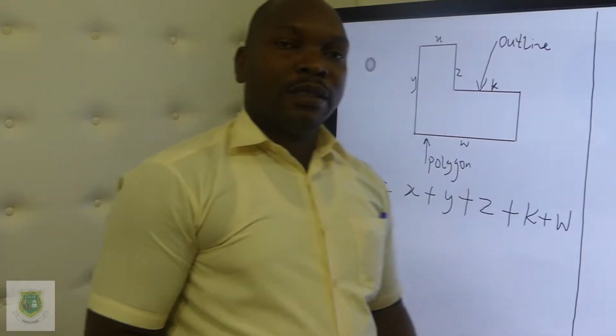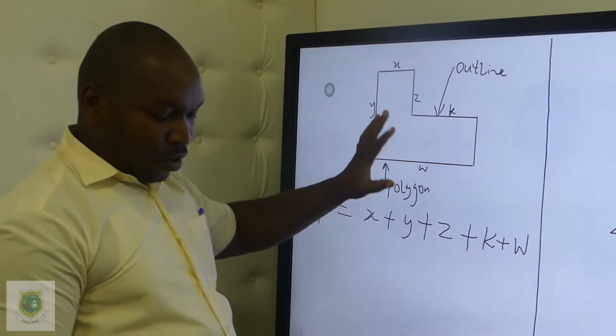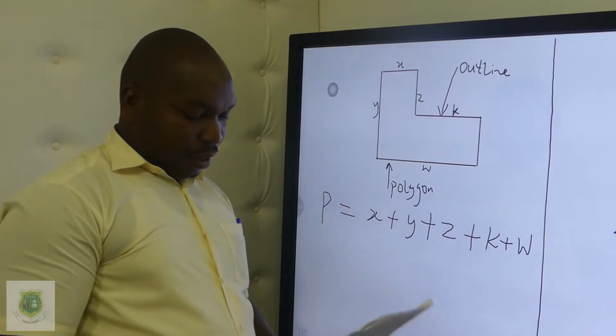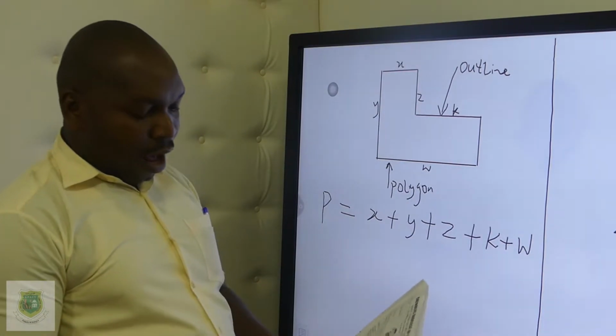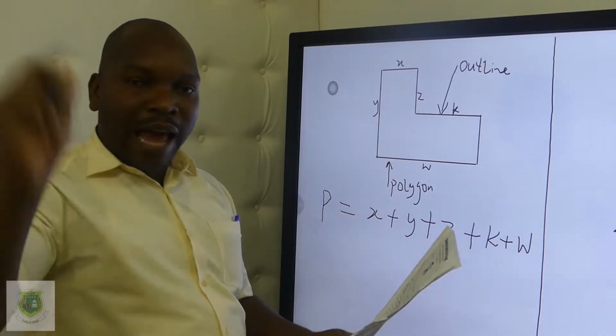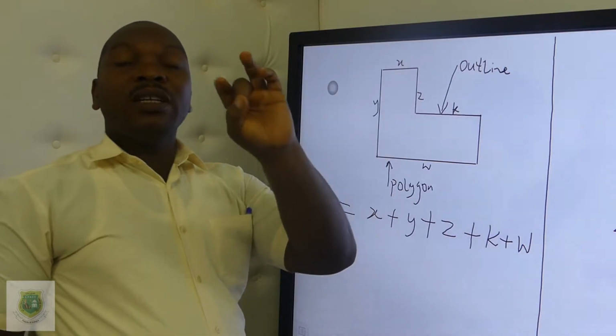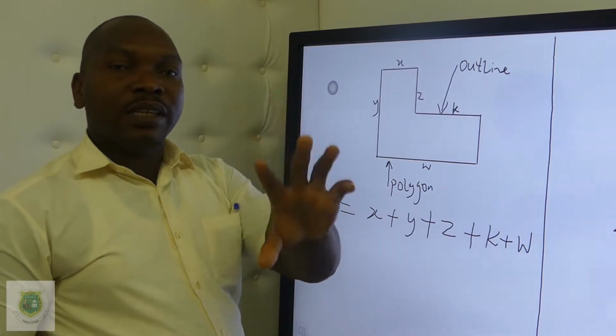In other words, to calculate the perimeter of a polygon, we simply add together all the segments that form its sides.